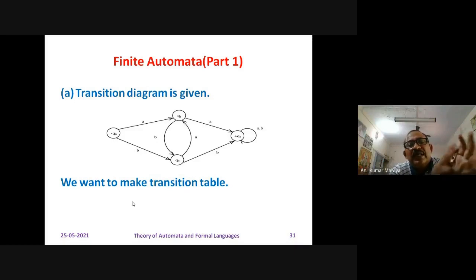Now name the rows with the names of state. Means first row is Q0, second row is Q1, third row is Q2 and next row is Q3.